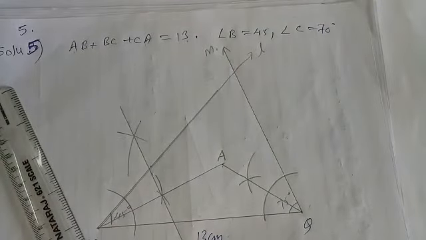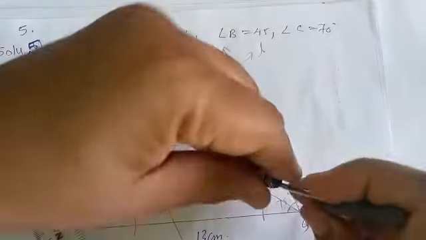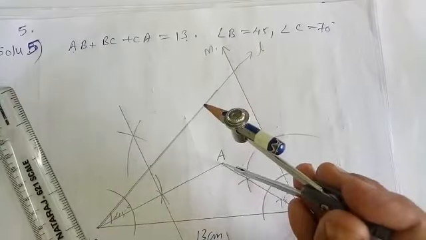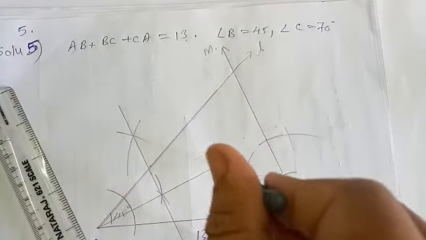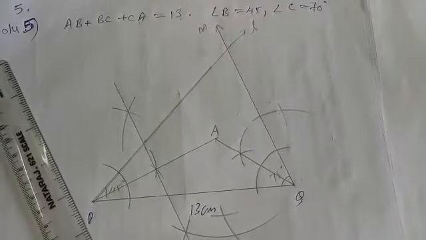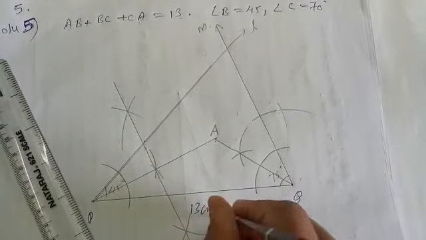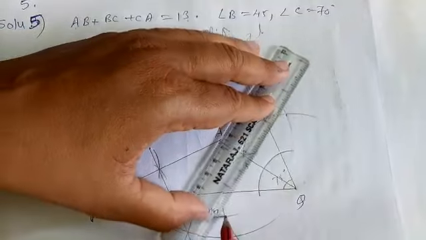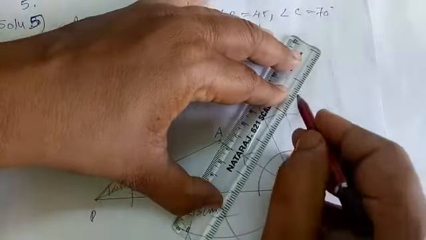Now bisect the same AQ, take more than half, cut an arc on both sides. This is the bisector line intersecting point of AQ. Join that line.